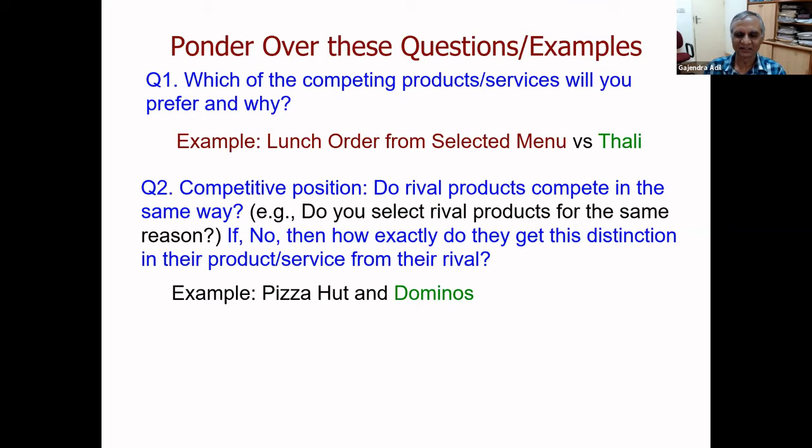Do you think the systems should be linked to the kind of product and service you're offering, even though both are food? Whether it's a selected menu or thali, you're making dishes in your kitchen. But should you organize your process, resources and systems differently based on the nature of the product, market, and competition?